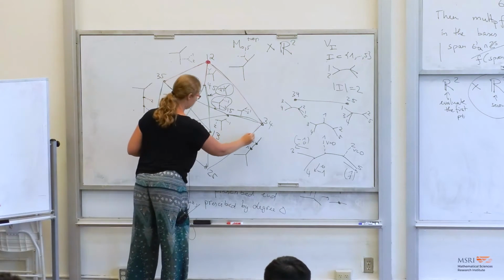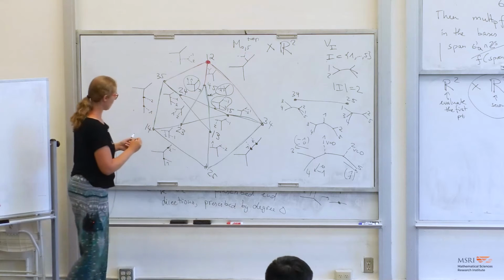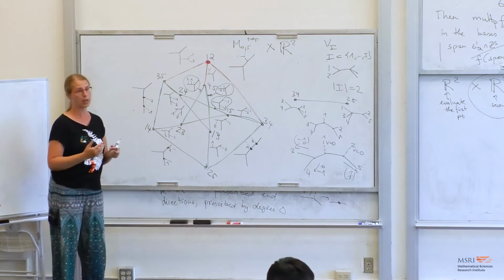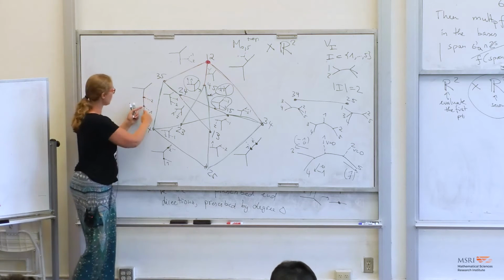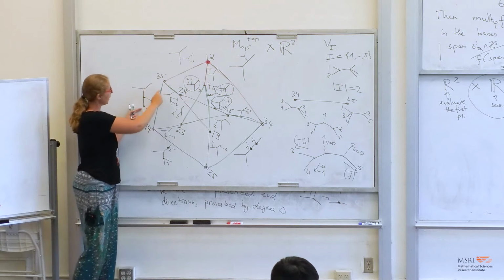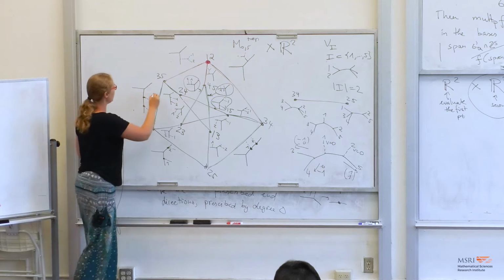No. Yeah. All those where 1 and 2 are being mapped to the same ray can't be mapped to something two-dimensional because 2 is always on the same line as 1. So where is this guy being mapped to? Maybe we should just label those.